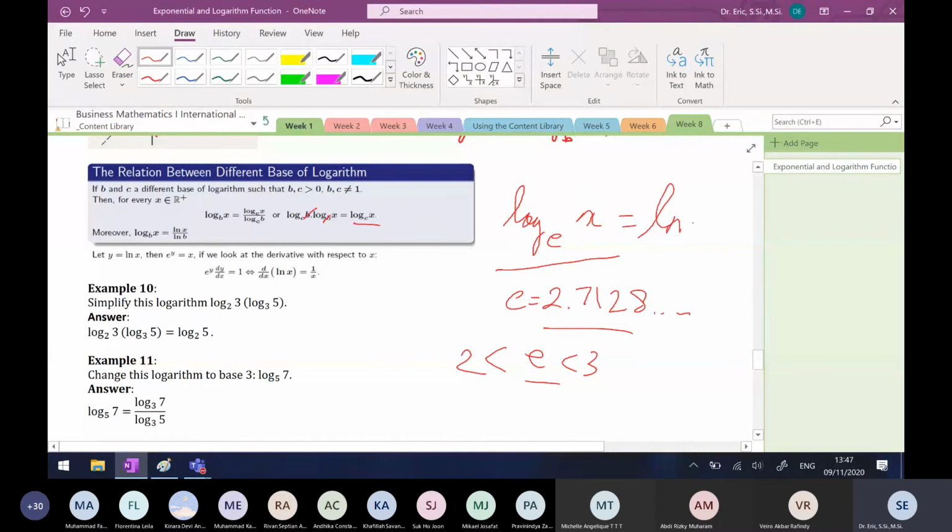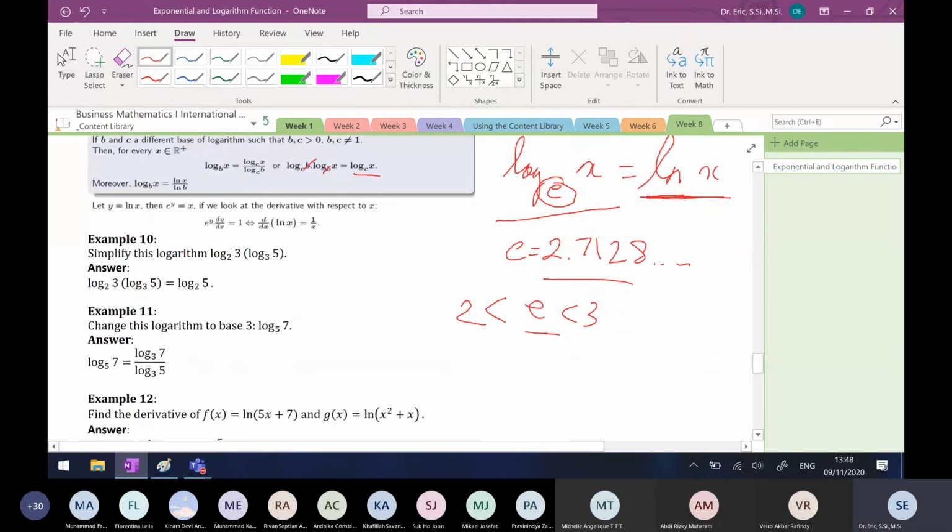This gives you the natural logarithm of x, which we usually write as ln x. This is logarithm with base e, and the derivative of ln x is 1 over x.